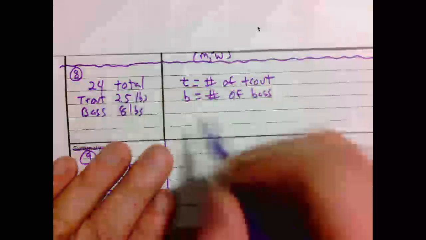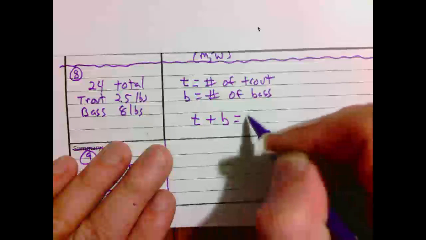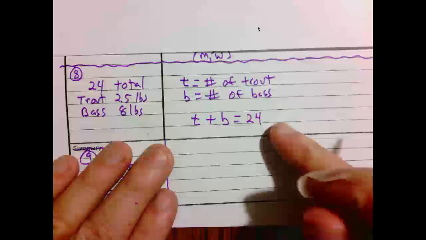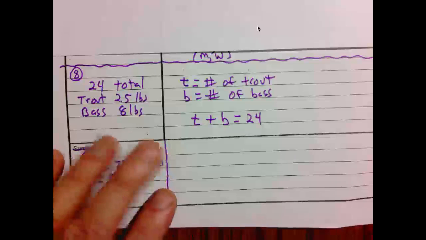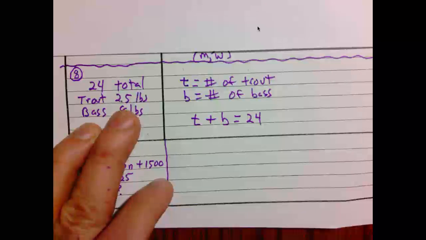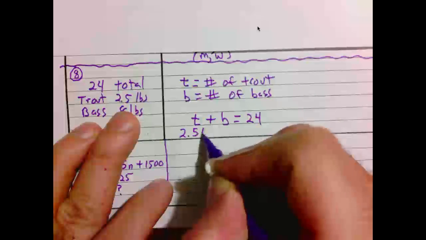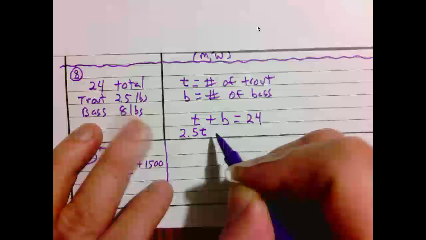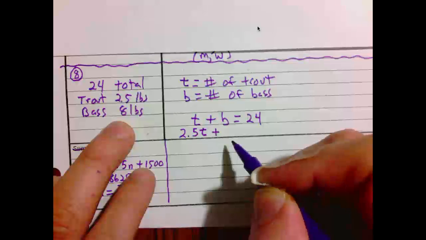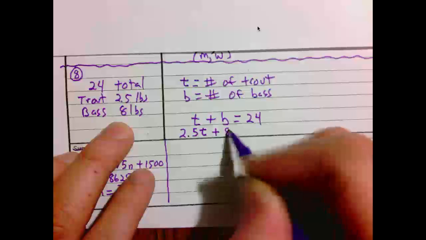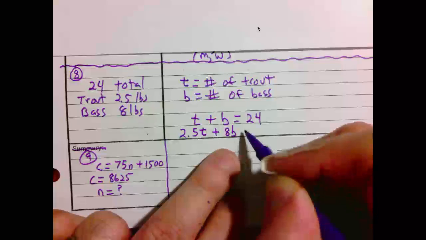Well, we have 24 total, so one equation needs to be T plus B equals 24. We have seen that pretty frequently. Summing equals some amount. Well, the trout are averaging 2.5, so 2.5 times the number of trout will give me the pounds in trout, plus 8 is my average pound of the bass, 8b.